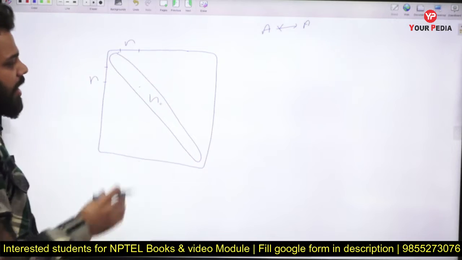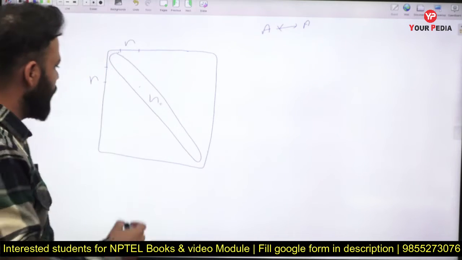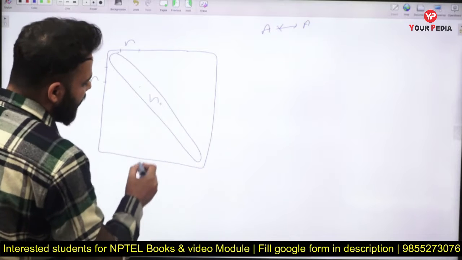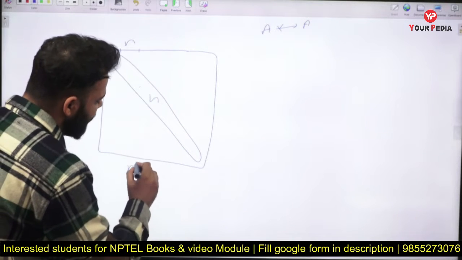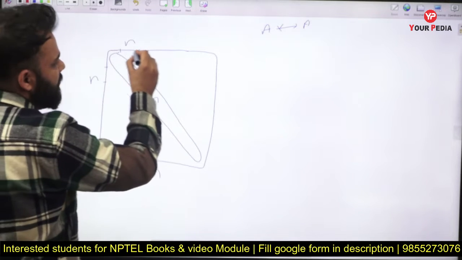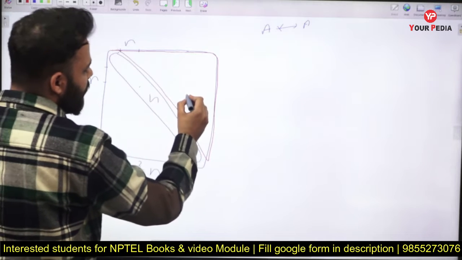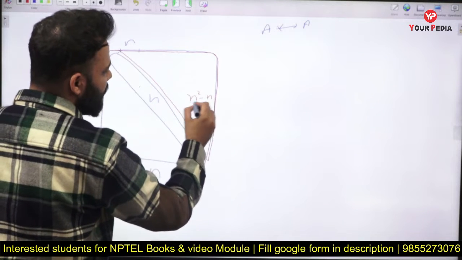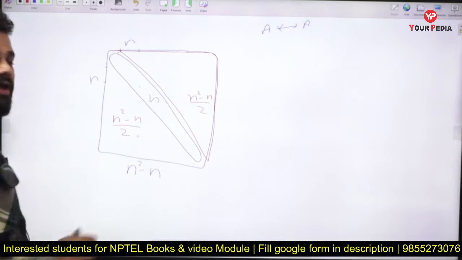N. Now how many total elements in a relation from n to n? N square elements. So total elements are n square and n elements are present here. So how many elements are left? N square minus n. Now if you want to divide this matrix into upper and lower matrix, this lower matrix will have (n square minus n) by 2 elements, and this will have (n square minus n) by 2 elements.